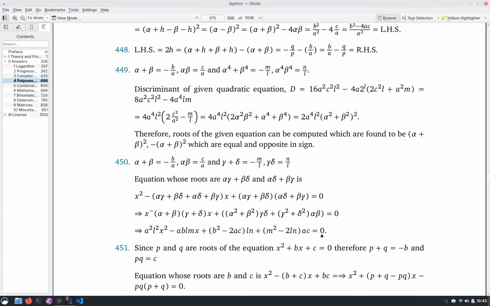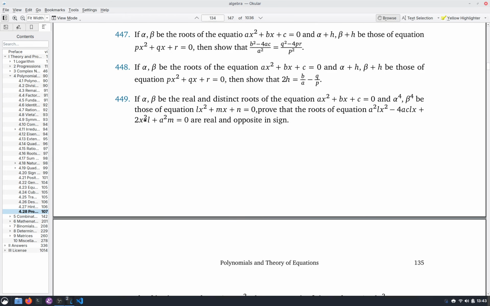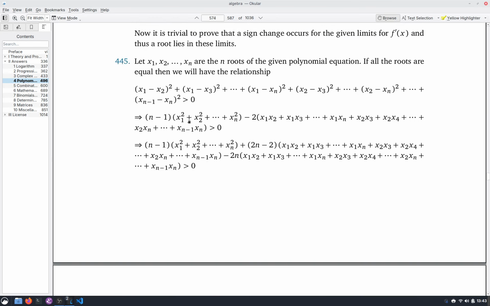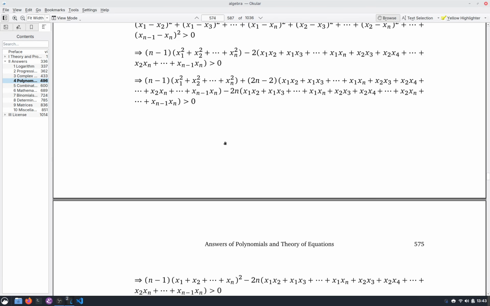So with this, we come to the end of the 45th set of problems. There are quite a few typing mistakes, like here, this x square should be c square, and over here, this equal should be real. Okay, so make note of those.